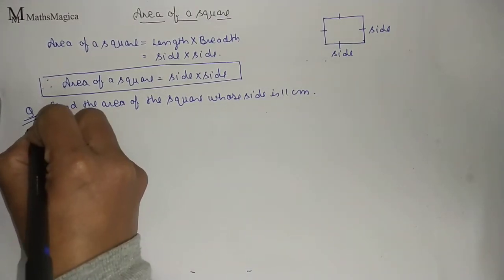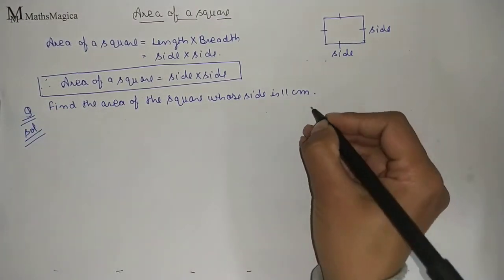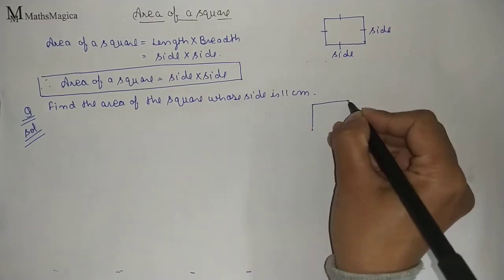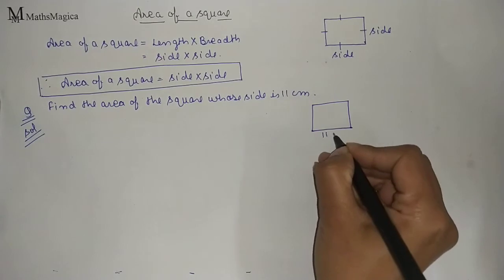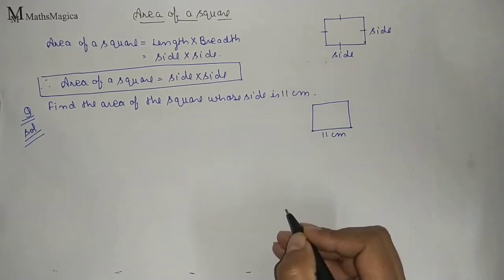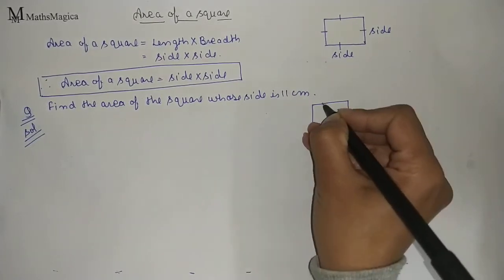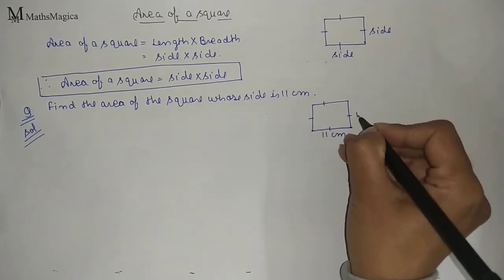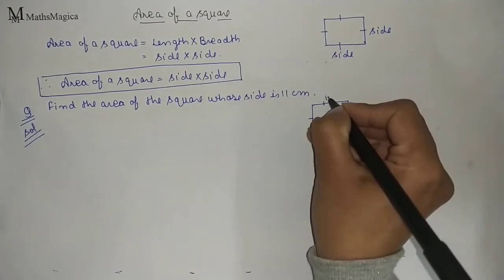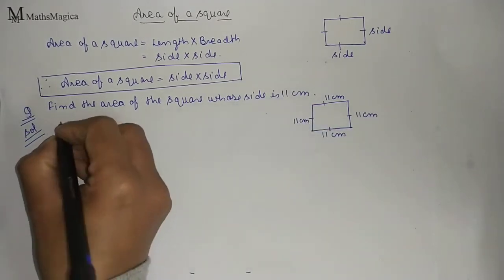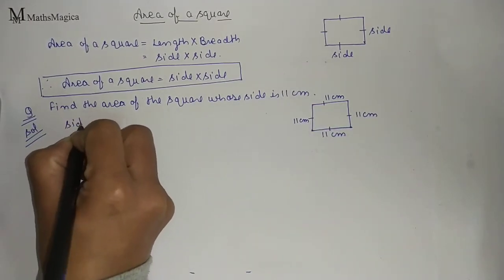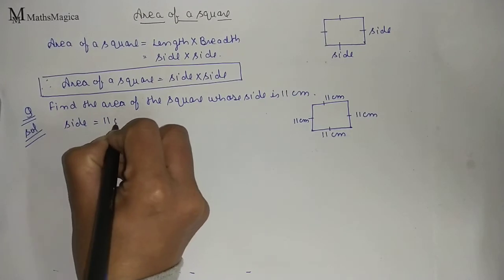Solution is, first draw the figure of square. Side is 11 centimeter. In square, all sides are equal. 11 centimeter, 11 centimeter, 11 centimeter, 11 centimeter. Side is equal to 11 centimeter.